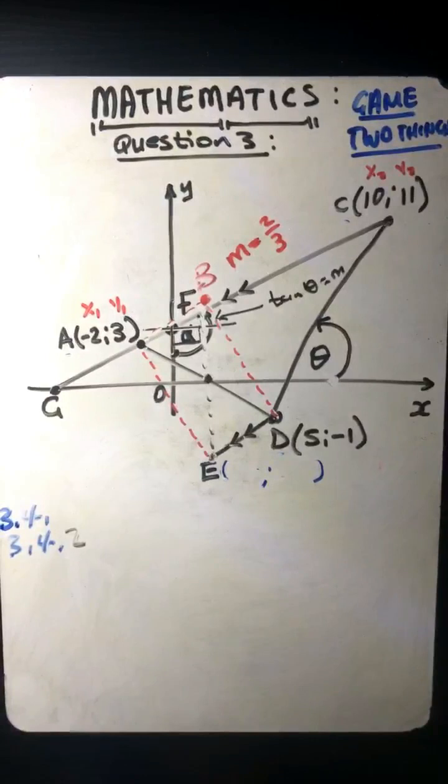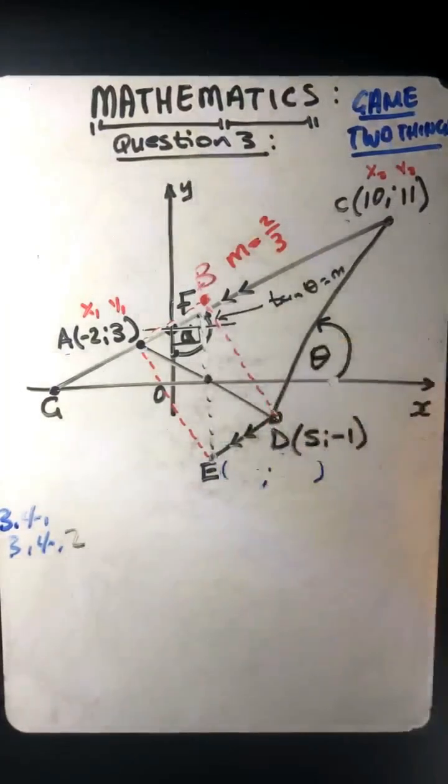So let's see. What is the last question saying? Length of diagonal BE. Now they want the length of BE. Anyone would like to give it a try? Exactly what you are thinking is correct.